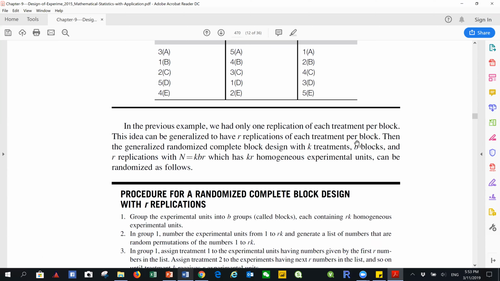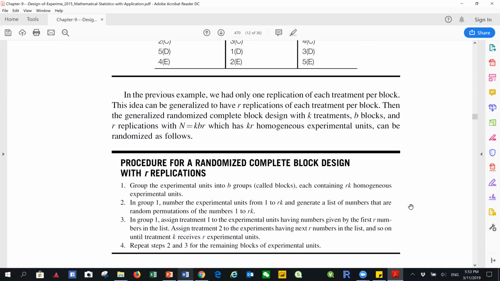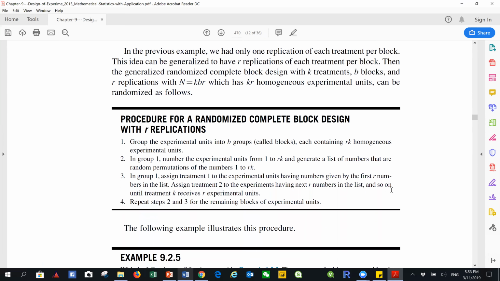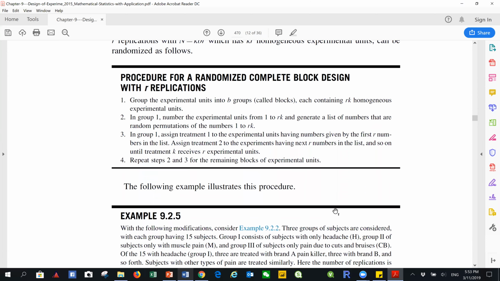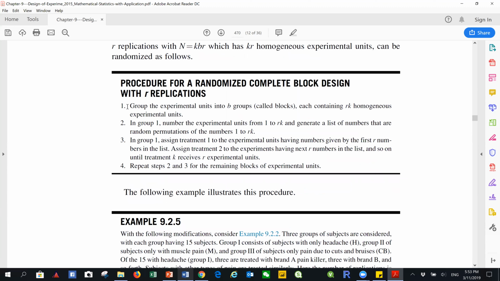To extend the randomized complete block design to the case with R replications, we do it this way. Group the members into B blocks. Now instead of K homogeneous experimental units in a block, you have RK because you have R duplications.